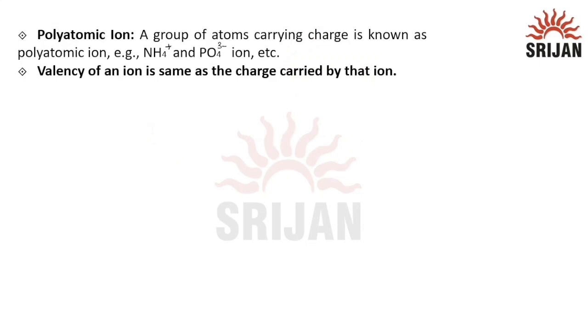Now what are polyatomic ions? Polyatomic means more than one atom, or you can say a group of atoms. If a group of atoms is carrying a charge, then it is known as polyatomic ion. For example, ammonium ion.